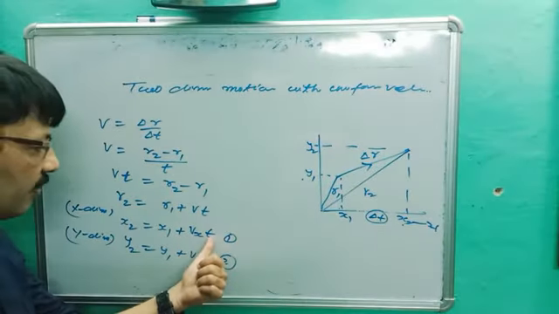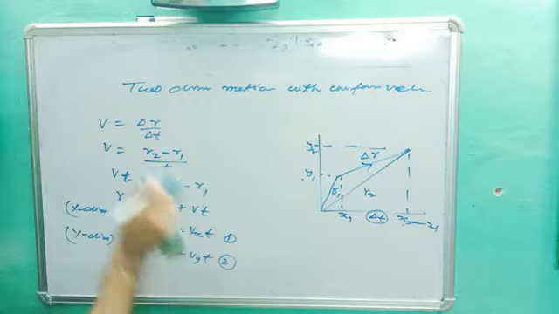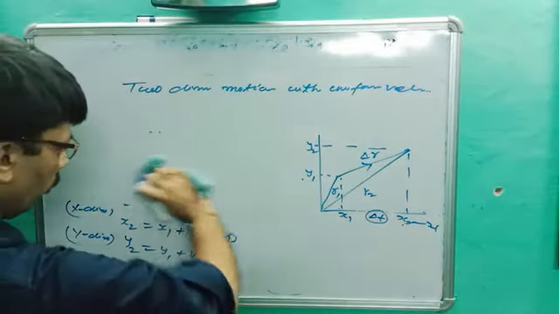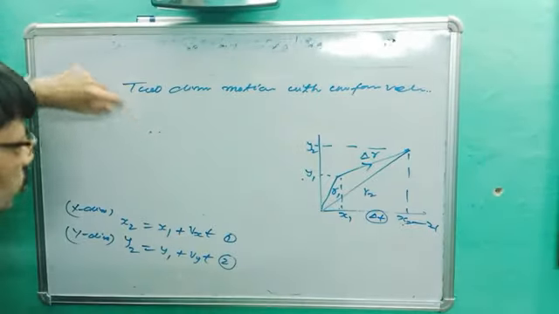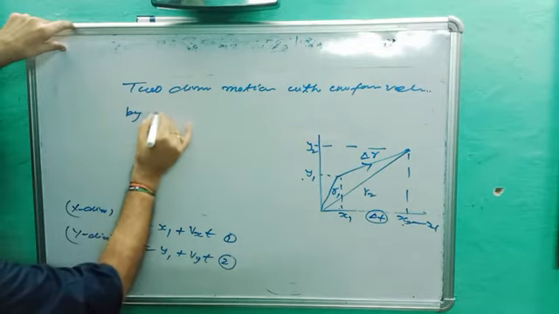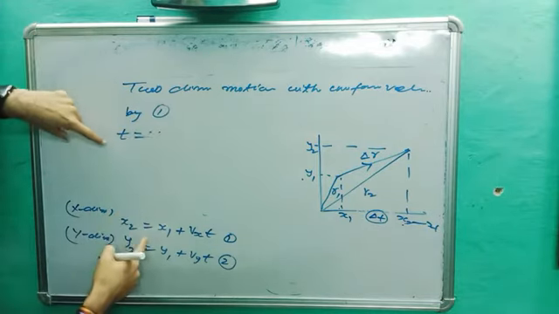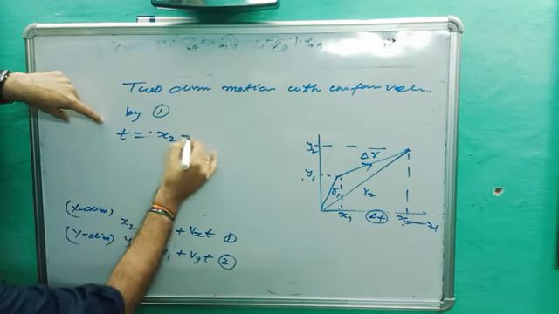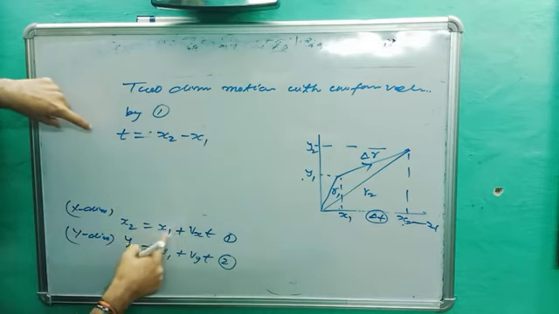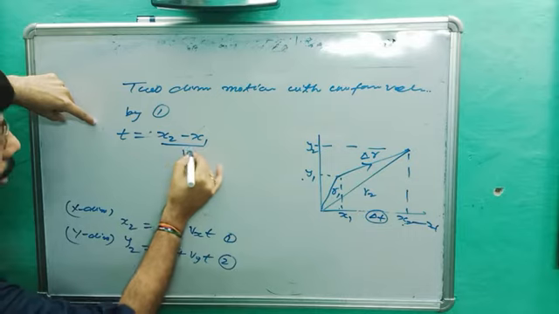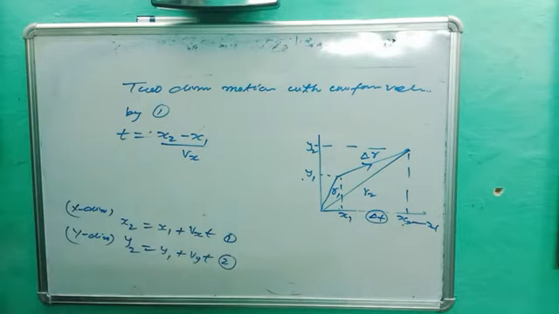Get the value of t from the first and put it in the second. From the first, we get t is equal to x2 minus x1 upon Vx. Are you getting the point?